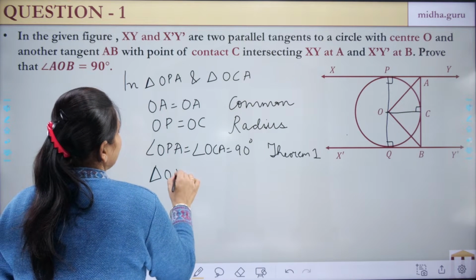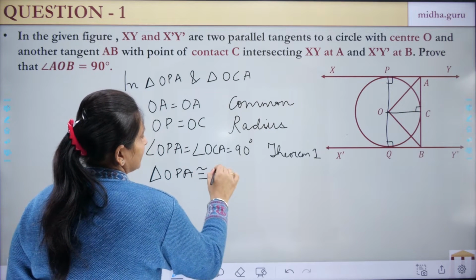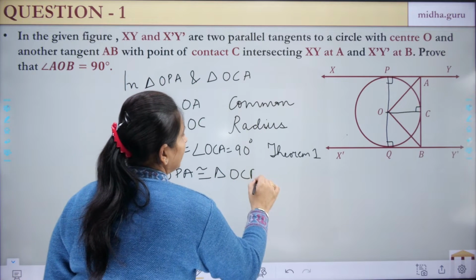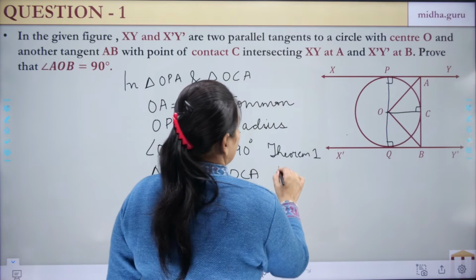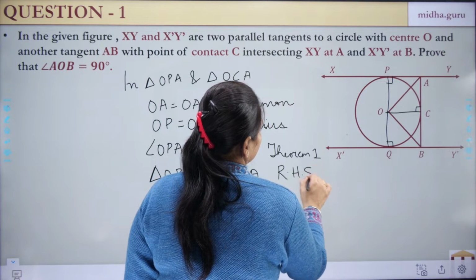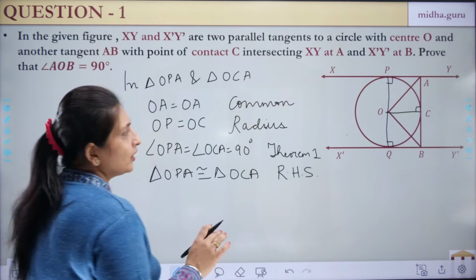Just tell me the criteria. Yes, you are right. The criteria is RHS. These two triangles are congruent.